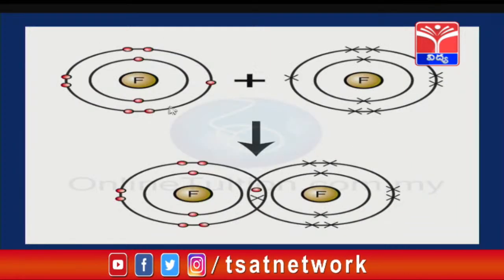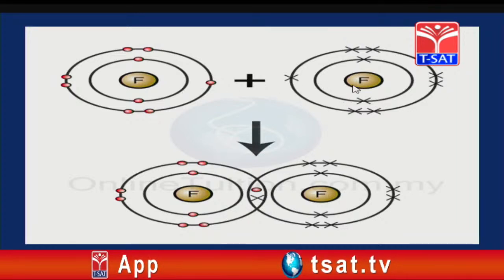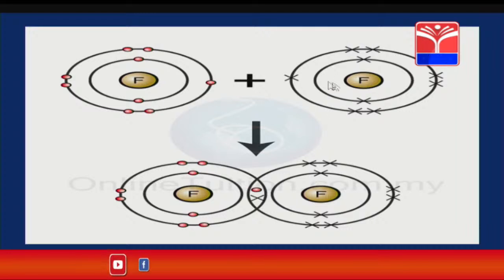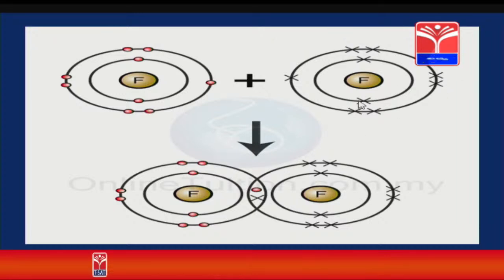So, in the first shell of a fluorine atom you can see 2 electrons, and in the valence shell you can see 7 electrons. So, when two fluorine atoms come closer, according to the Lewis structure, children, you have to remember that one fluorine atom has to be represented in the form of dots and another fluorine atom has to be represented in the form of crosses, and thus they share a pair of electrons and they form a fluorine molecule.